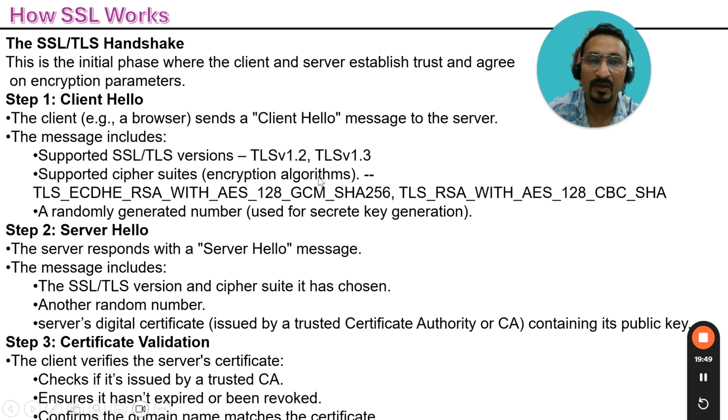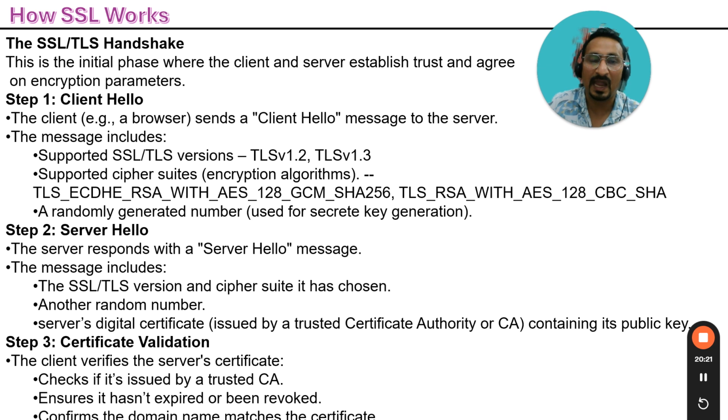Also, with that message, the client sends the cipher suite. A cipher suite is nothing but an encryption algorithm. This cipher suite holds a lot of information. I will give you detailed information on what each field means. Along with that, the client generates a random number, which is later used for generating a secret key.